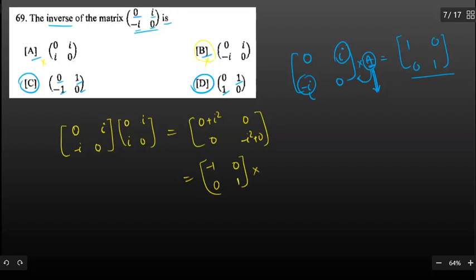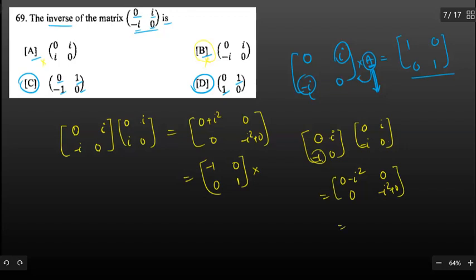So we should also verify this answer. So by multiplying this matrix 0 I minus I 0 with 0 I minus I 0, we get 0 into 0 plus I into minus I, that is 0 minus I square, then 0 into I plus I into 0, that is 0, again minus I into 0 plus 0 into minus I, that is 0, minus I into I plus 0 into 0, so minus I square plus 0.